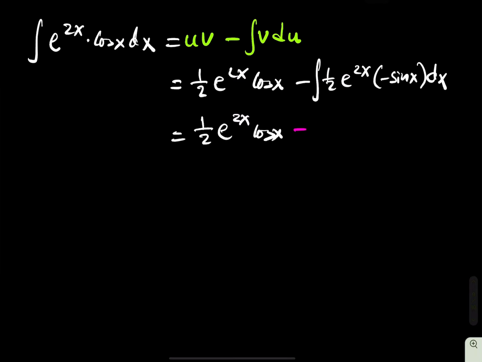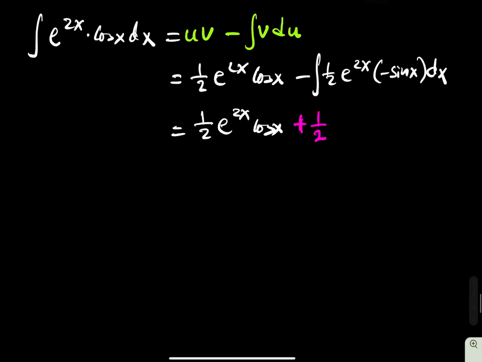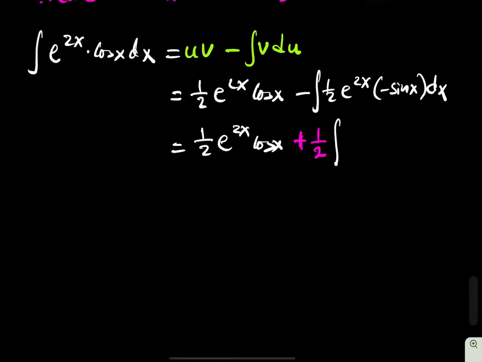If you take this negative out, it's really going to become positive, but there's a half there which must go out as well. So please accommodate it. You are going to be left now with the integral of e to the power 2x sine x dx.